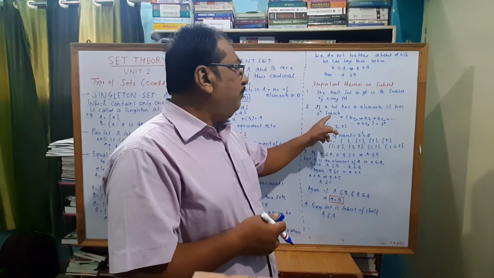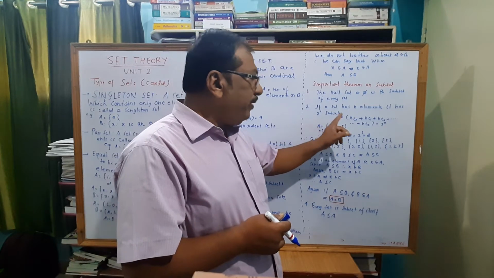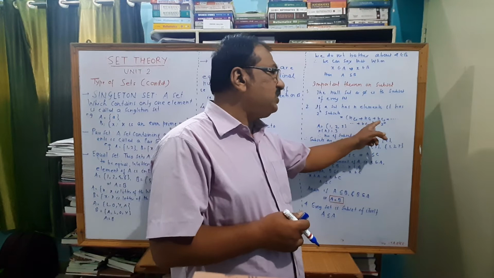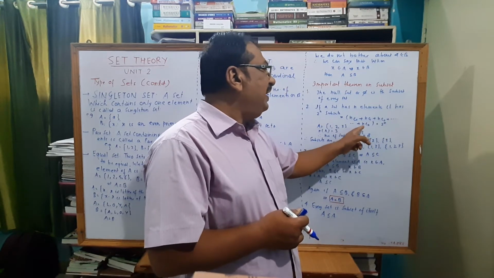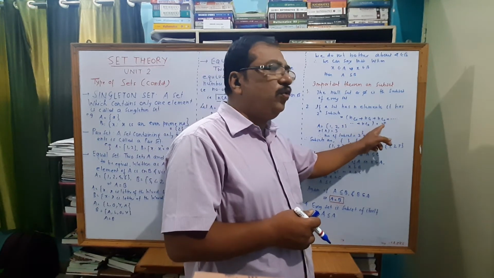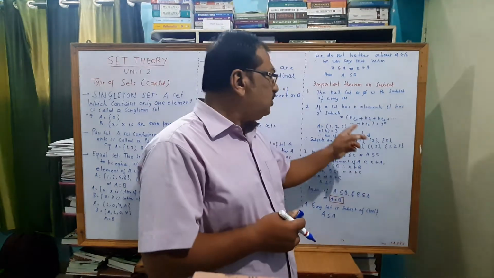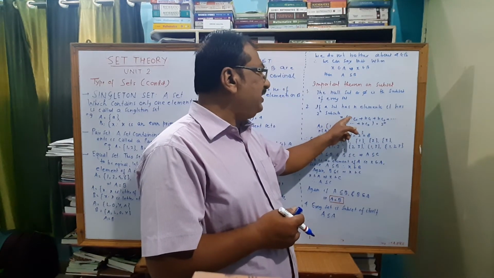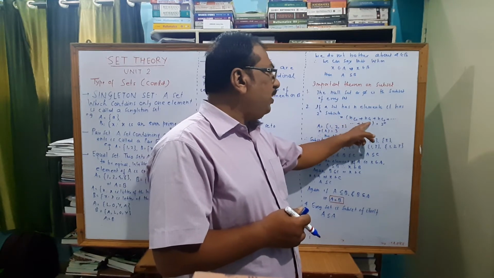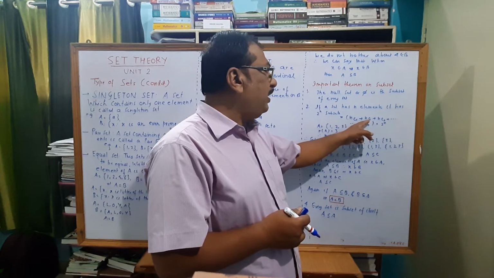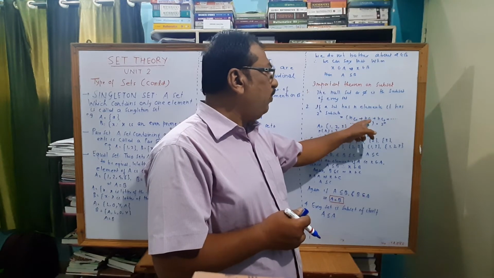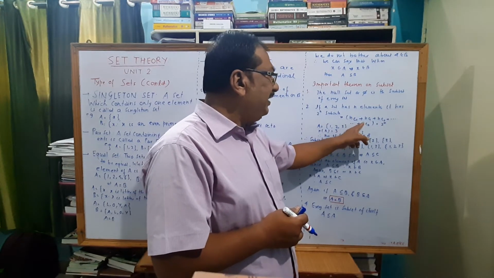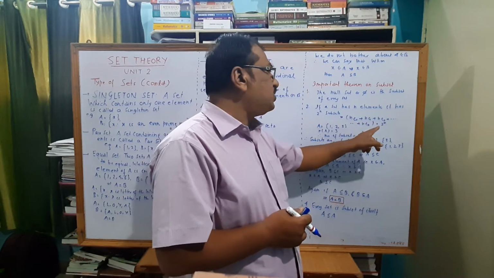We calculate it by the binomial coefficient formula, that is nC0 plus nC1 plus nC2 plus and so on till nCn is equal to 2 raised to the power n. nC0 means the number of combinations of n things taken 0 at a time. nC1 means the number of combinations of n things taken 1 at a time, like this, till nCn.